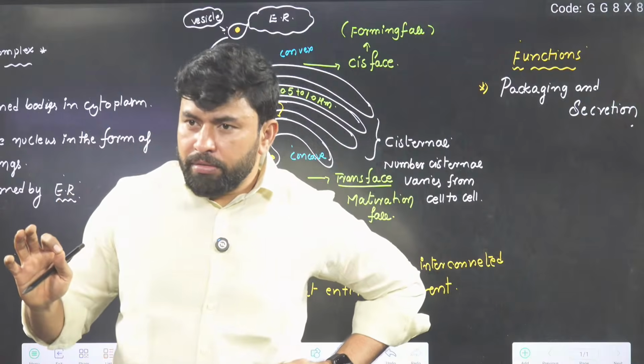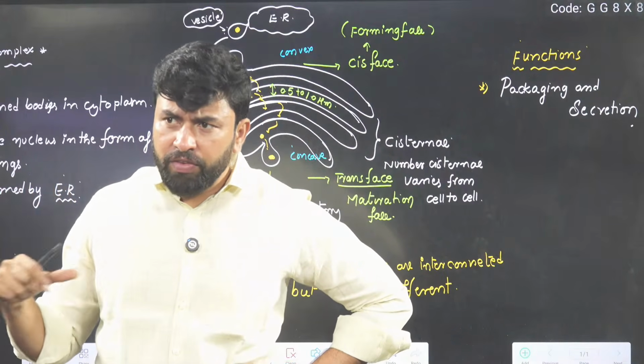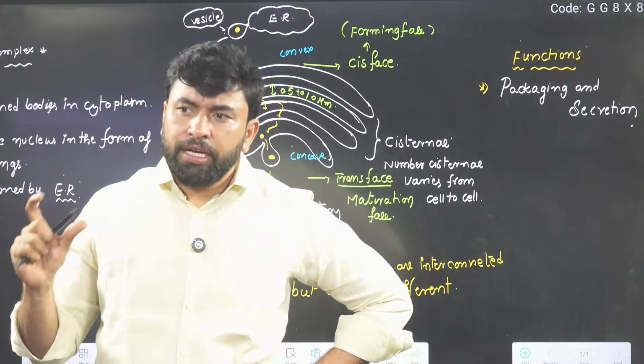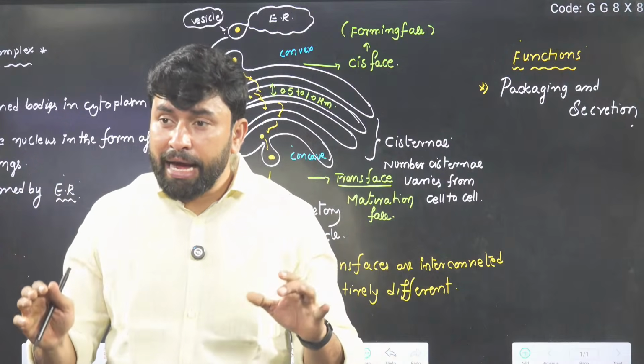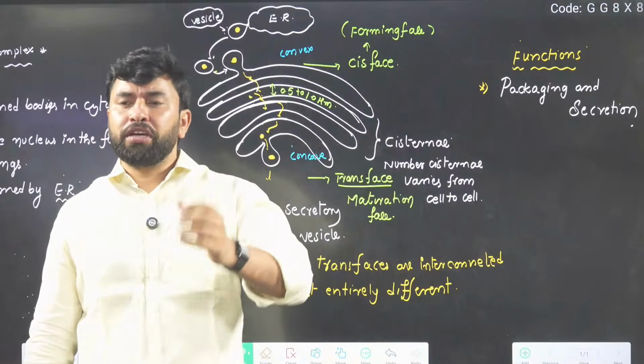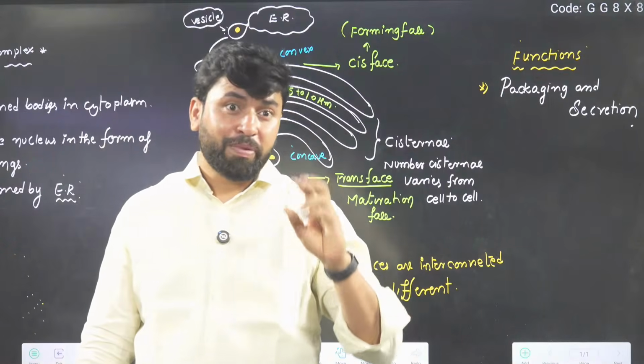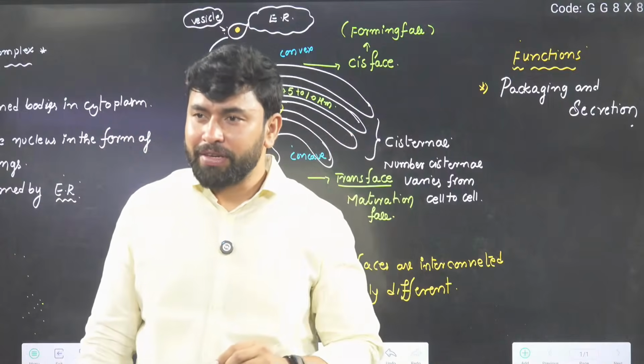Very clear, this word is this. If a material is going away from the cell, that material must be properly packed and given to others. It's not that I don't want this, you take it, throw it. No. Packaged. This package also has great significance.